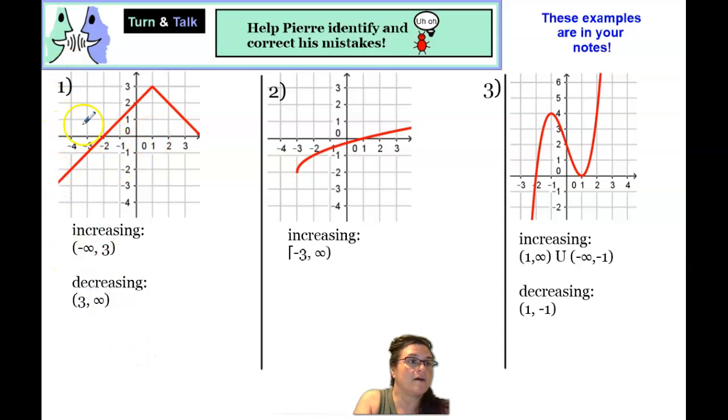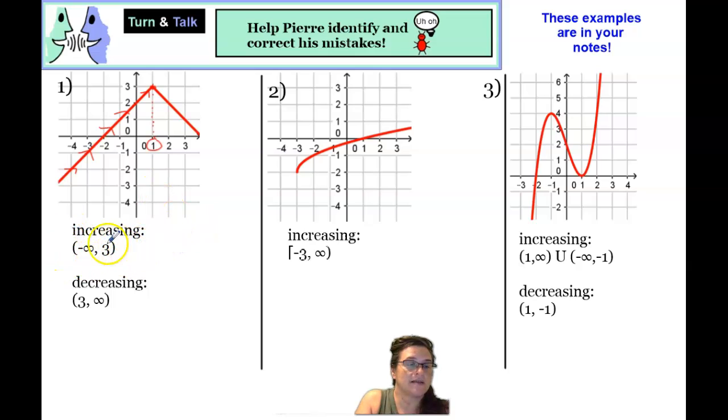But when we follow the part of the function where it is going uphill, we see that it's increasing from negative infinity, but not the y value of 3. Remember, we use the x values for intervals of increasing, decreasing, and constant. And where it stops increasing is at x equals 1.